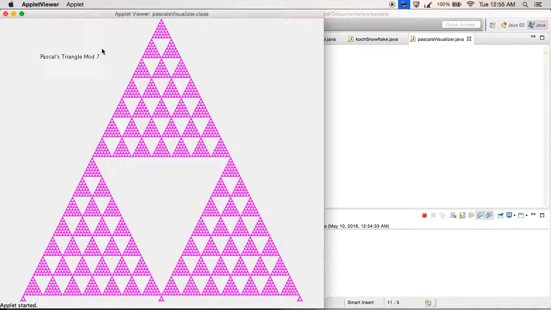The answer is 1, because if you do 13 divided by 4, the remainder is 1. Don't think that the only numbers you can do this with are 13 and the answer is always 1. If you have 8 mod 5, the answer will be 3, because 8 divided by 5 has a remainder of 3. So that's mod division.